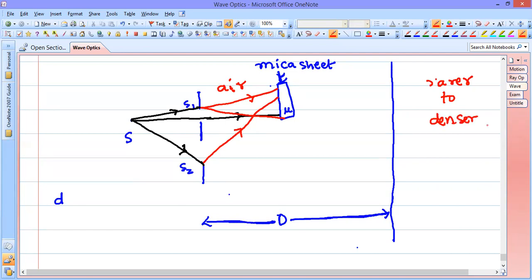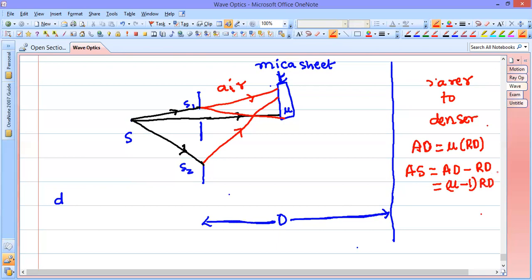When the light ray is moving from rarer medium to denser medium, I know the apparent depth. I think in ray optics you might study real depth and apparent depth, right? So that is mu times real depth, and apparent shift will be apparent depth minus real depth. That is nothing but mu minus 1 times real depth.